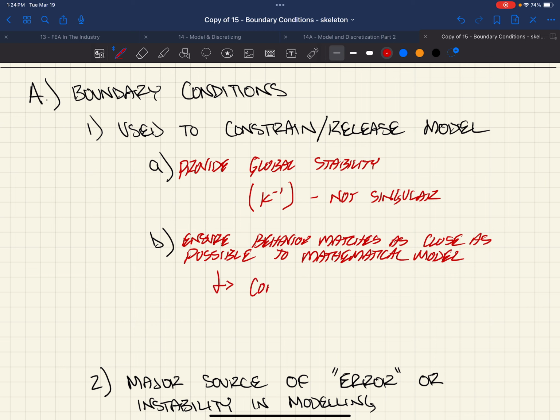So that's for connections and supports. And we've talked about those in steel design, right? Simple supports versus fixed, fully restrained moment connections. Partially restrained moment connections get a little bit more involved. And we'll talk about that here in a second.